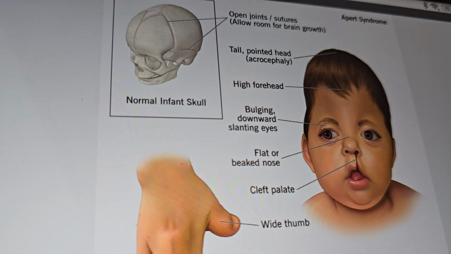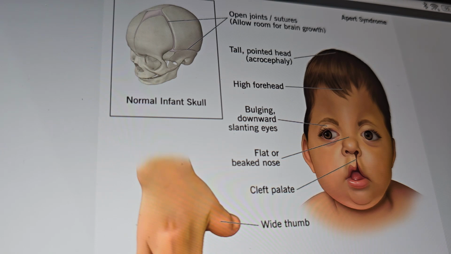You can see here the hypoplasia of the midface associated with hypertelorism, which is actually bulging and wide-set eyes. Both eyes are widely apart, as you can appreciate in this picture very well.